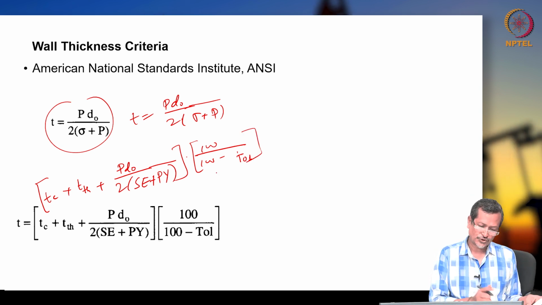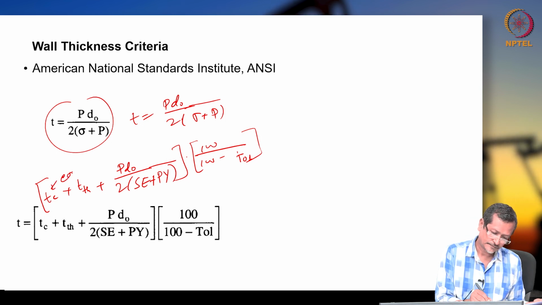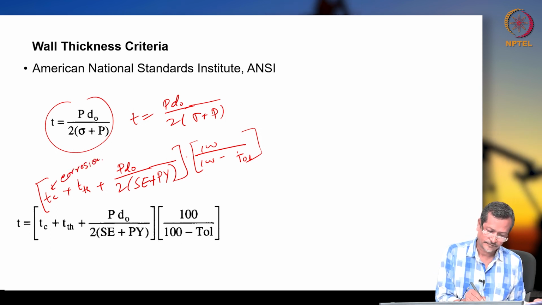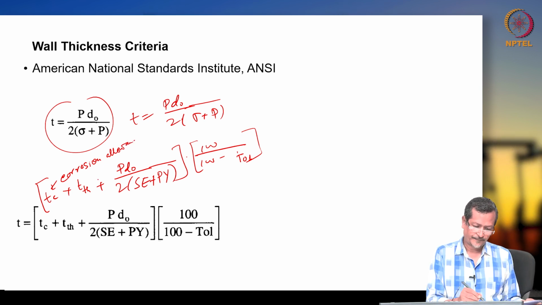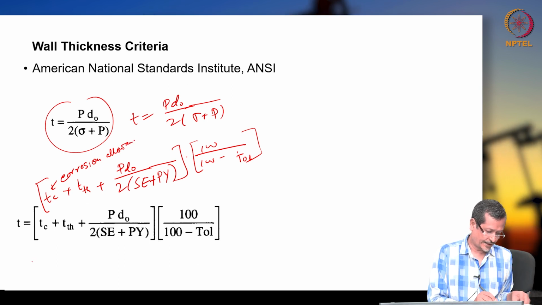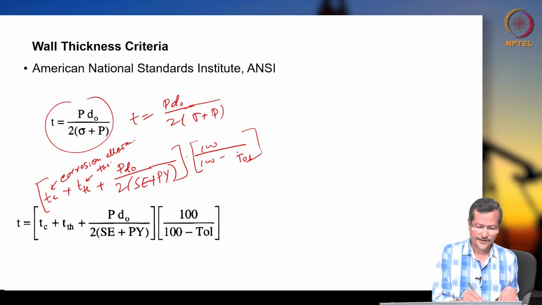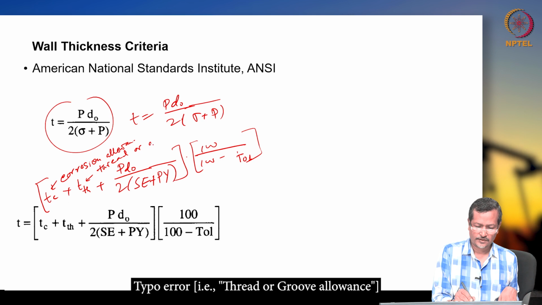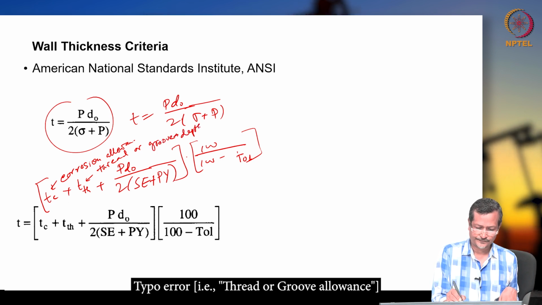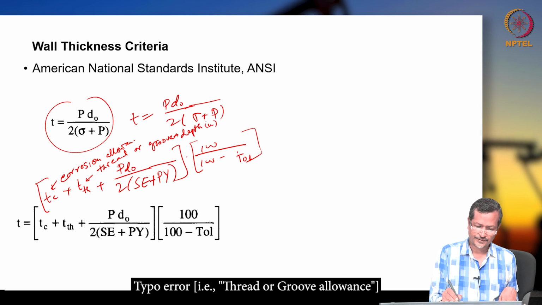Now, what are the parameters? TC is corrosion allowance. TH is your thread or groove depth, in inch.